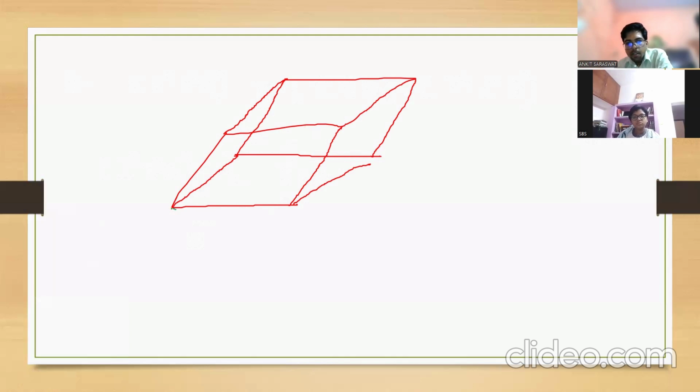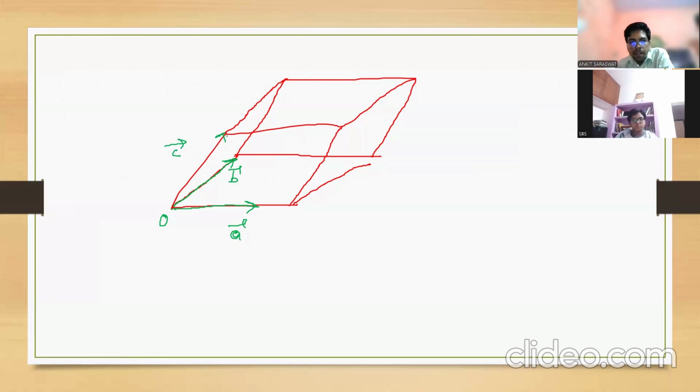From the point O, three vectors are coming. One is A vector, this is B vector, and this is C vector. Clear?